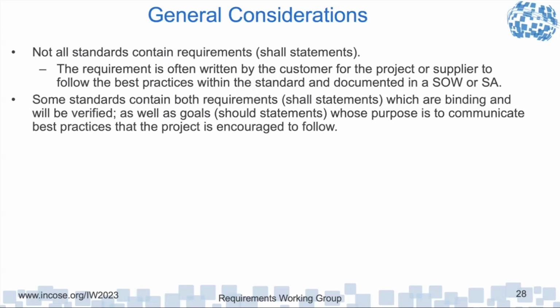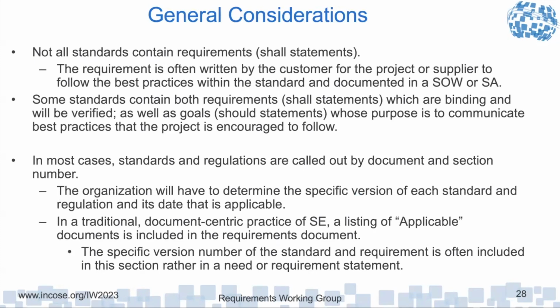How you deal with shall statements versus should statements, when a customer says you need to follow a certain process to develop it, is something you have to work out with the customer, and which ones you have to show compliance with. In most cases, standards and regulations are called out by document section number, but there are different versions of those. And so the organizations have to determine which version actually applies.